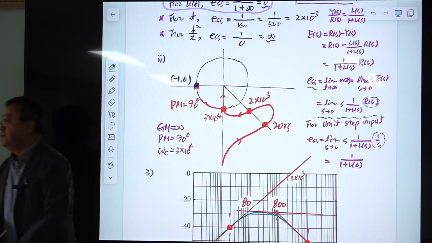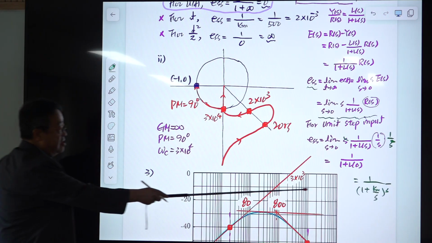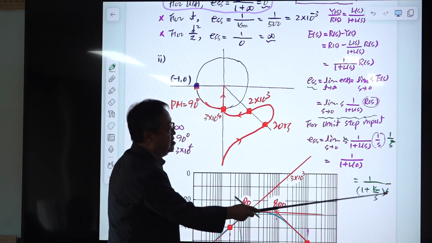For the ramp function, this becomes S squared. Okay, then we cancel this one, and this becomes 1 divided by 1 plus L. Loop gain at 0 is Km divided by S, and as S is still alive, then S cancels, and this is 0.